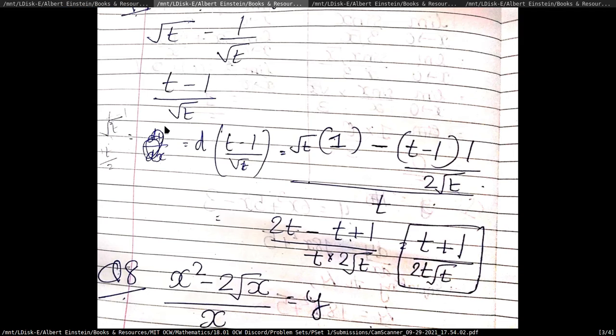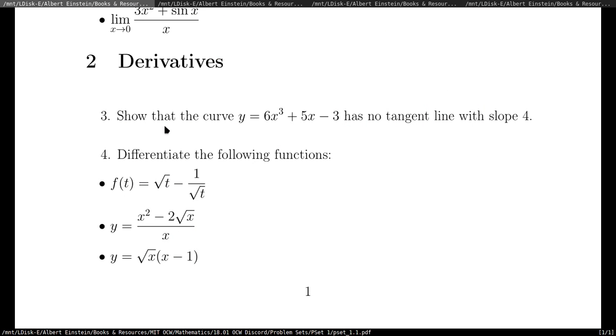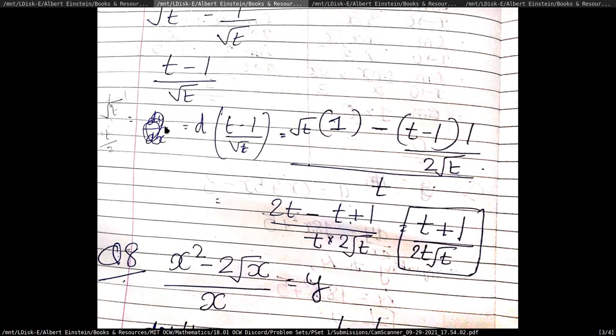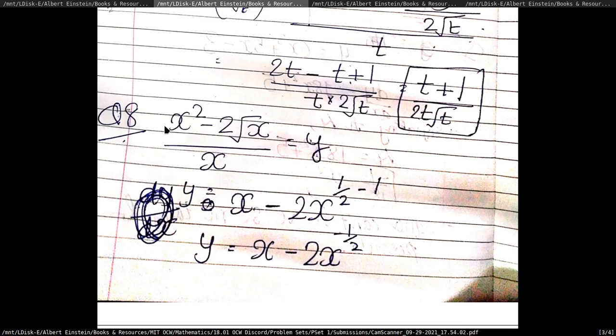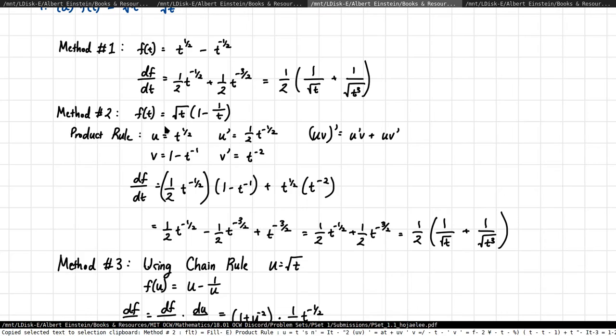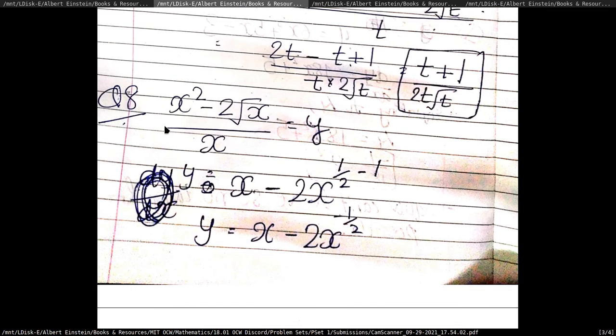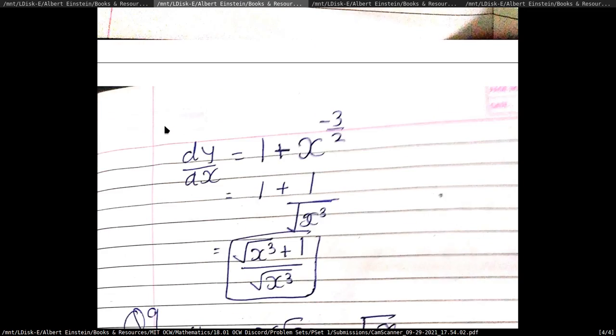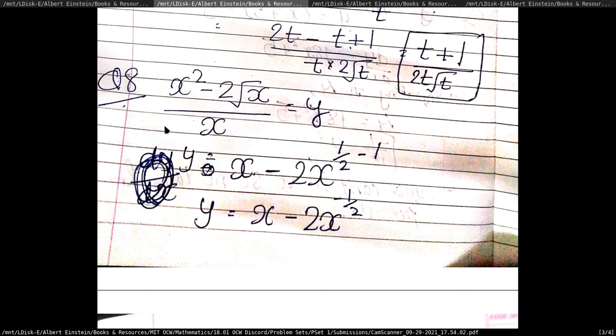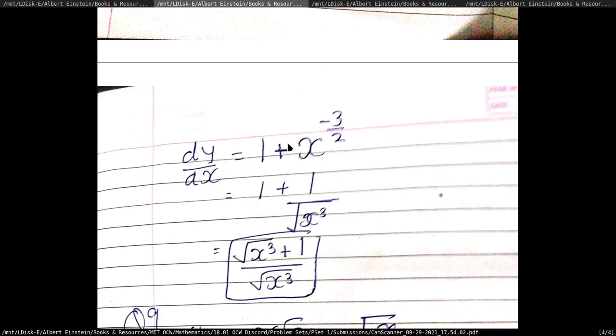The second one is x squared minus 2 root x over x, which is also a pretty easy one. You start with the quotient rule, and then by the sum rule, and then you'll be done.